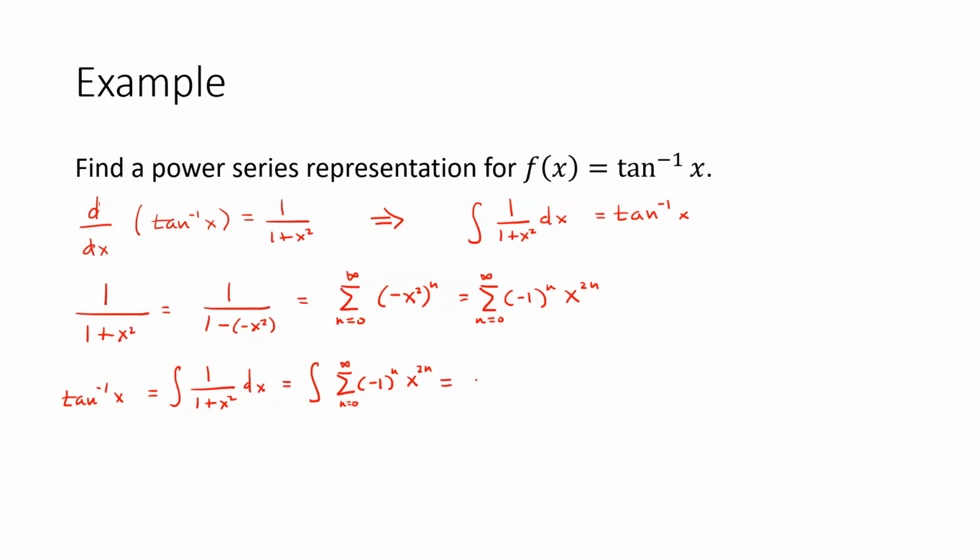Which we can write as c plus, now integrating just the x to the 2n. I'll leave the constant multiple of negative 1 to the n unchanged. So we'll add 1 to the power, divide by 2n plus 1. That'll give us the power series representation of tan inverse.